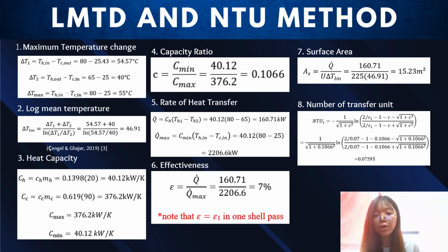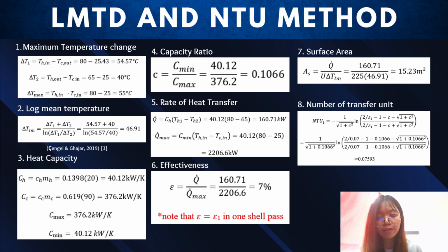So from here, we know the maximum heat capacity will equal the heat capacity of cooling water. And the minimum heat capacity will be equal to the heat capacity of hot oil. And then we calculate the capacity ratio, which is equal to the minimum heat capacity divided by the maximum heat capacity. Then we got 0.1066.